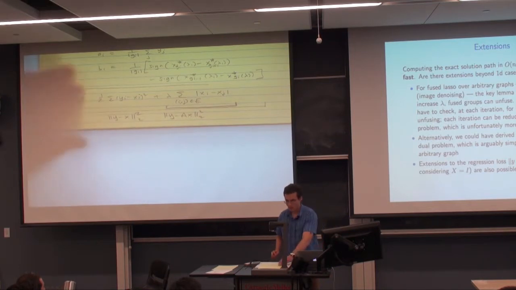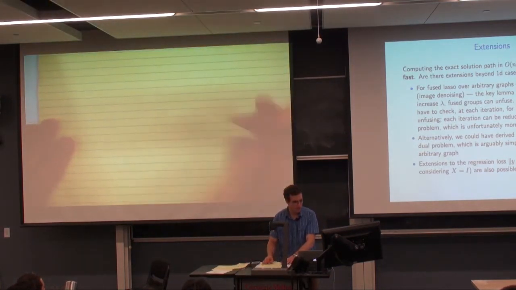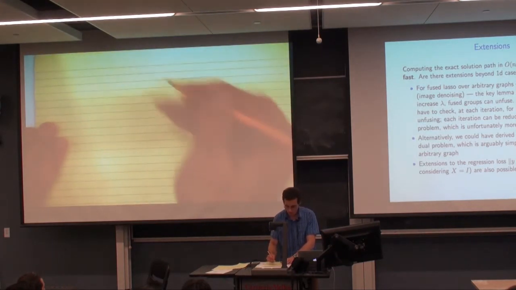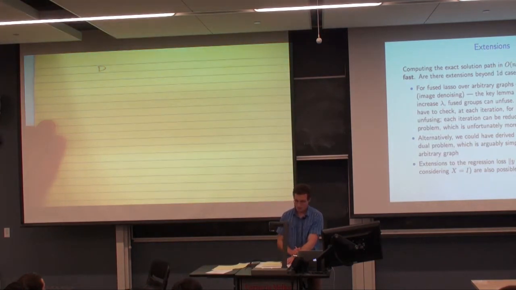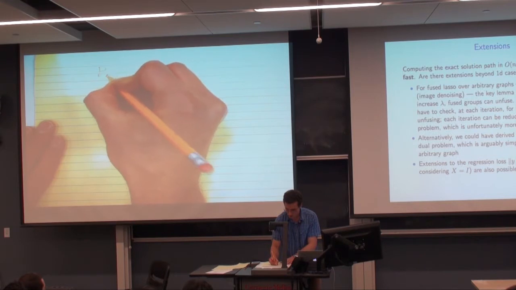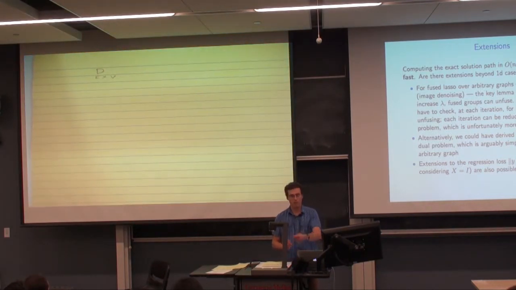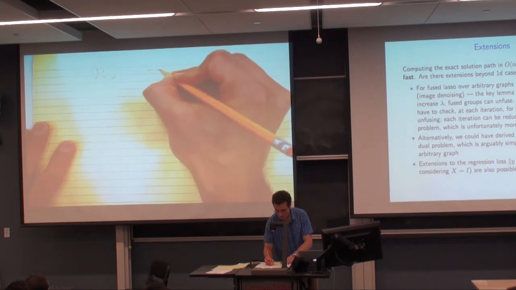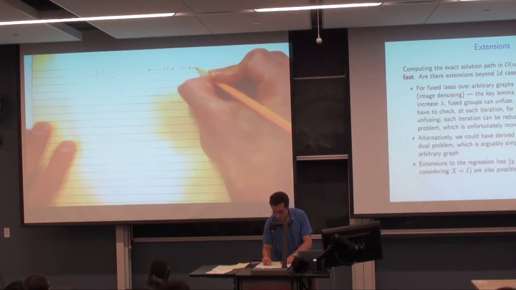I can tell you that if D is the oriented incidence matrix of the graph, so D is going to be the number of edges by the number of nodes, and in every row of this matrix I have a -1 and a 1 that corresponds to connecting those two nodes by an edge. This is called the oriented incidence matrix.